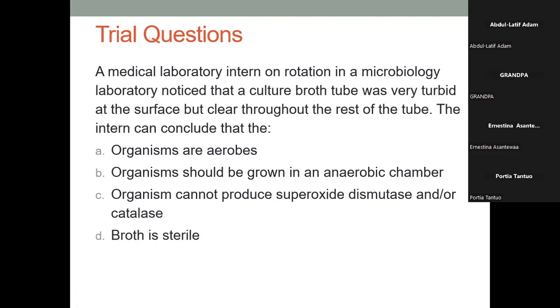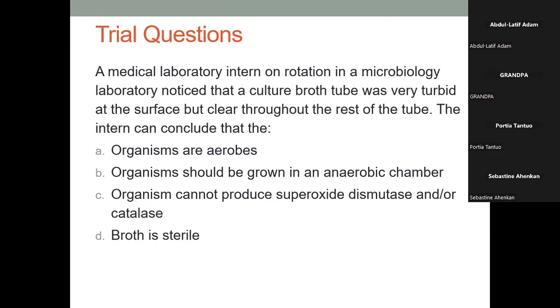A medical laboratory intern on rotation in a microbiology laboratory noticed that a culture broth. Listen to this, you need to get some intelligence. A culture, I'm sure you know about a broth. What is a broth, please? It's a liquid culture medium. Very good.